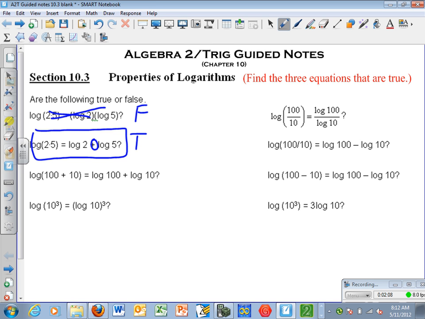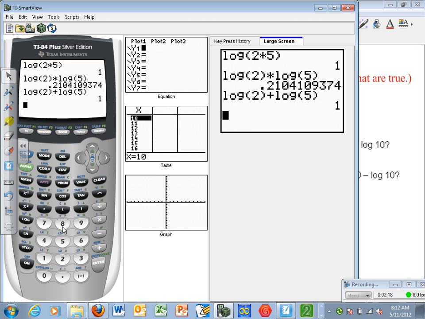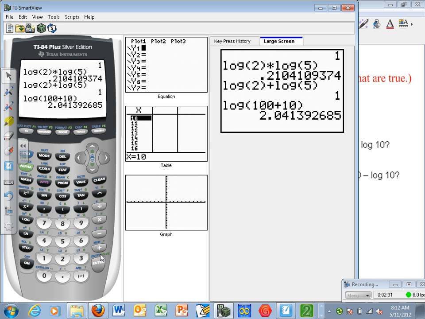But let's keep going. Now, if I have the log of a sum here, the log of 100 plus 10, does that equal the log of 100 plus the log of 10? Let's go back to the calculator, and let's do the log, and then in parentheses, we're going to do 100 plus 10. We're going to hit enter. Does that equal the log of 100 plus the log of 10?